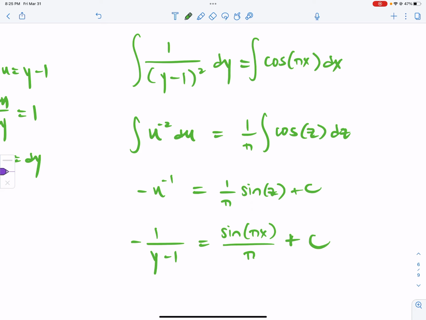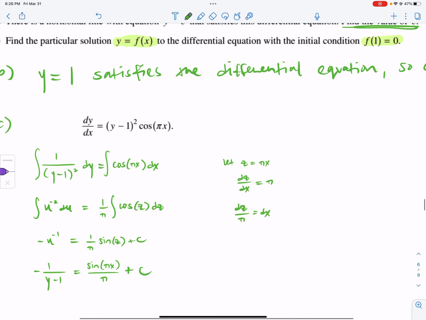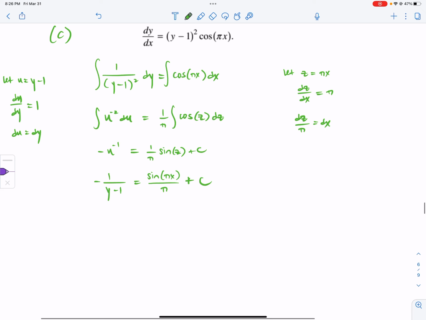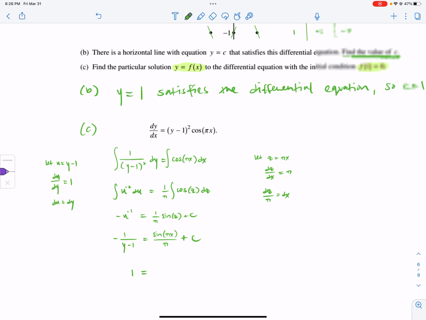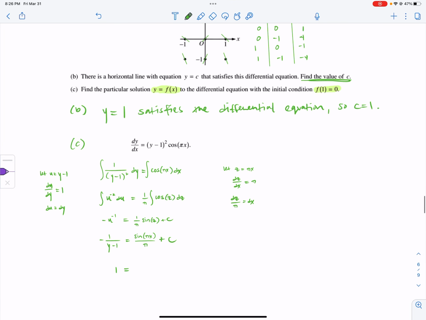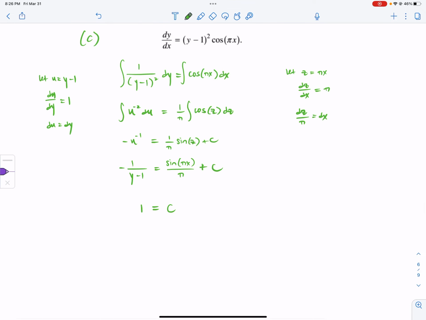And then it probably makes the most sense to solve for c now. So plugging 1 in for x, 0 in for y, we'll get 1 on the left-hand side, right? Because -1 divided by -1 will be just +1. And then we're plugging 1 in for x. So sine of pi is actually 0, so we just end up with c being equal to 1. That's our constant.